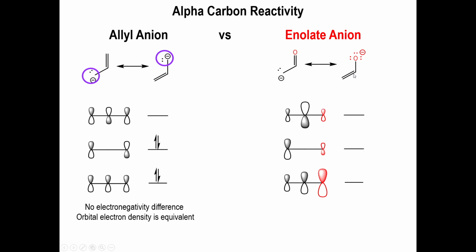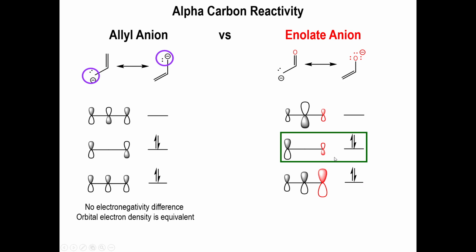Now, oxygen versus carbon doesn't change the fact that you're still talking about a 4 pi system of electrons. So you will still fill up the first two molecular orbitals of this enolate anion. And what I would say is that this box right here, just like the one before, is the highest occupied molecular orbital.